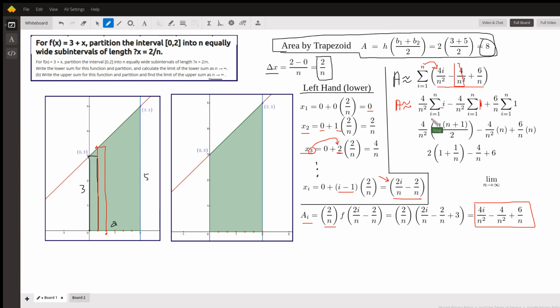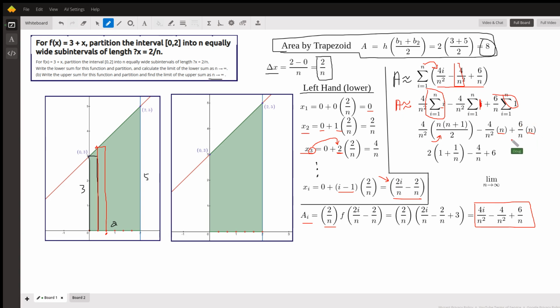Okay, and so there's formulas for the sum from i equals 1 to n of i depending just on n, and this is it right here: n times n plus 1 over 2. The sum from i equals 1 to n of a constant is just n times the constant, so n times 1, that's this n. 6 over n times n, that's this constant.